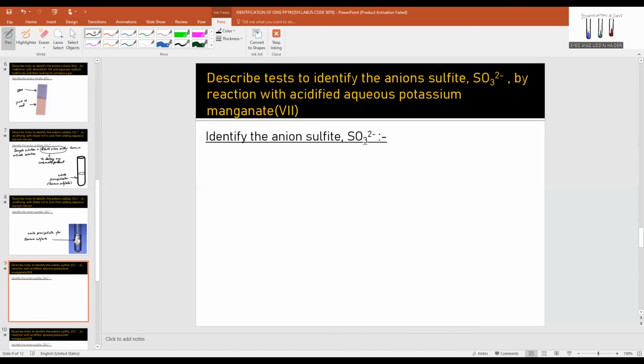For sulfite ion, warm the sample solution with dilute acid. Sample solution plus warm plus dilute acid.